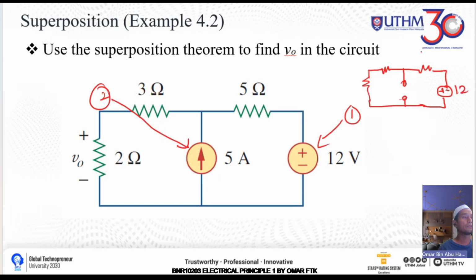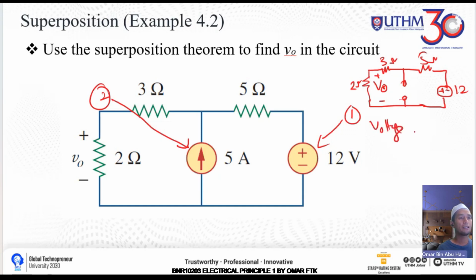This is 12 volt, 5 volt, 3 volt, and 2 ohm, 5 ohm, 3 ohm, 2 ohm. You want to find the VO here. Just use a voltage divider.